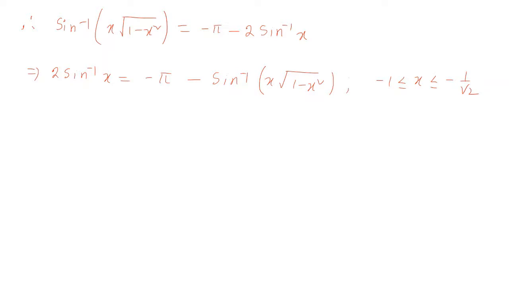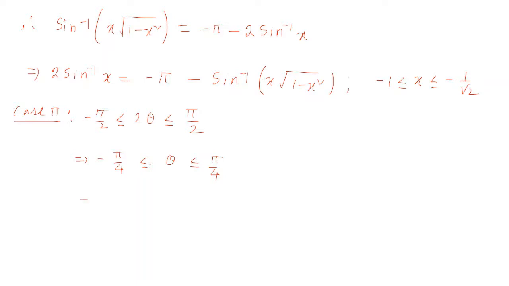Next I take the second case, case 2. This time 2 theta is lying between minus pi by 2 and pi by 2. This is the principal branch actually. So in this case, dividing by 2, it is minus pi by 4 up to theta up to pi by 4.